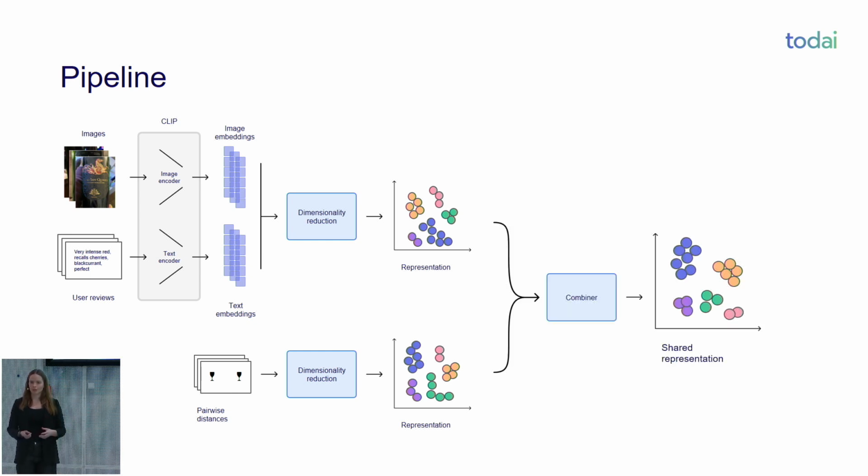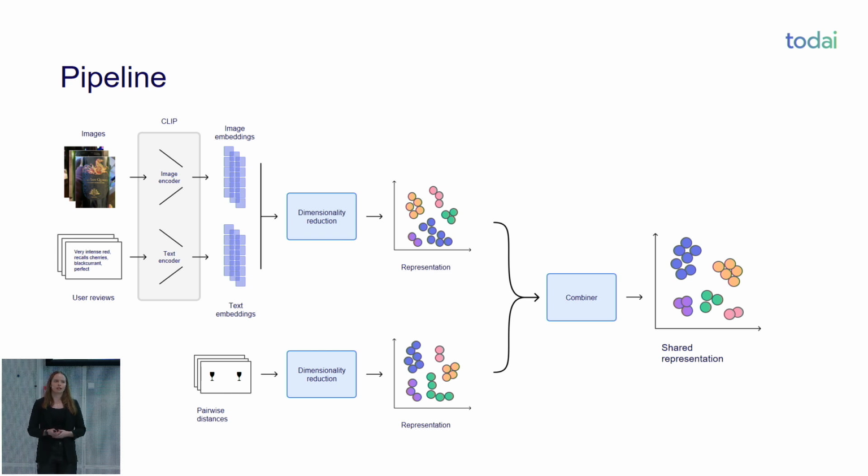We combined the two spaces into a shared representation, and in this shared representation, each data point represents a wine, and its closeness to another data point represents how similar that wine is to the other one in terms of flavor.